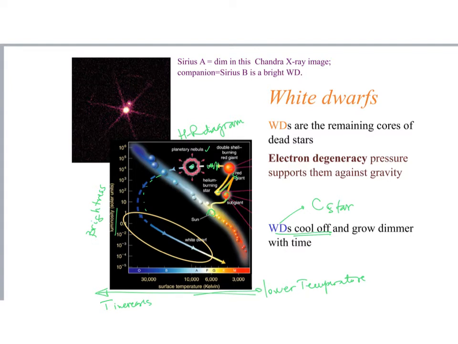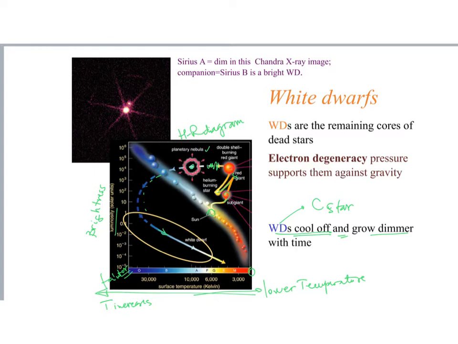All right, so basically it's going to cool off and grow dimmer, right? So this is the trajectory. It goes towards lower temperature and towards fainter magnitudes, brightness. Okay? All right.